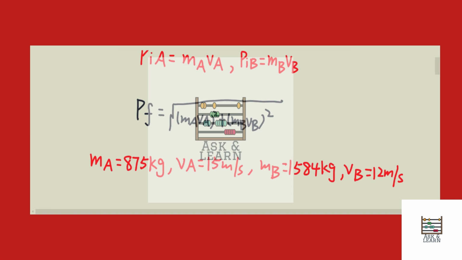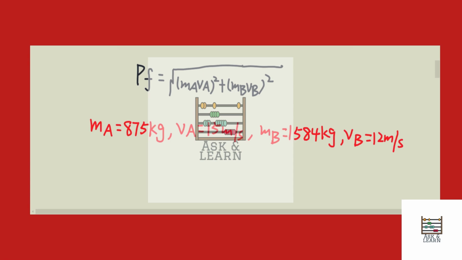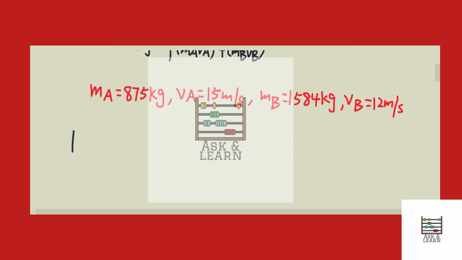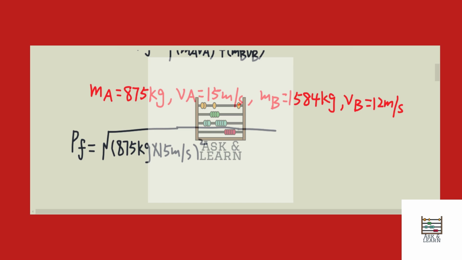We know the mass of car A is 875 kilograms and its speed is 15 meters per second, and the mass of car B is 1584 kilograms and its speed is 12 meters per second. Therefore, the final momentum PF is equal to the square root of (875 kilograms times 15 meters per second) squared plus (1584 kilograms times 12 meters per second) squared.